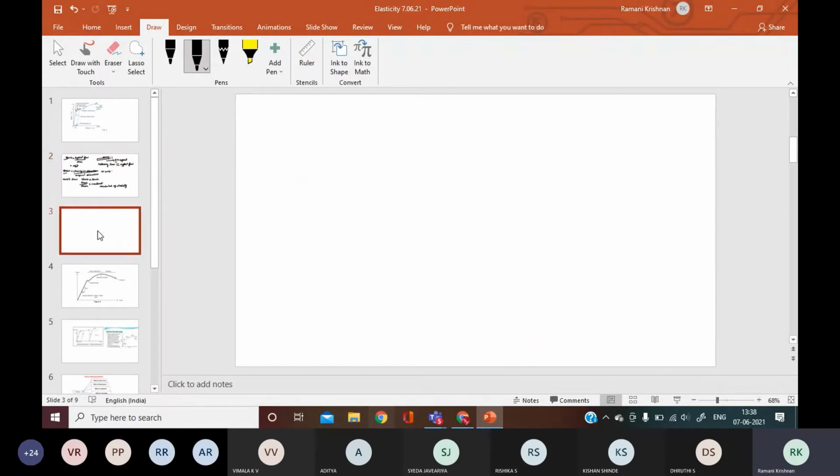If you want me to enlarge, I'll enlarge that. So first one, Young's modulus. Normally the symbol used is capital Y. Now I have taken a wire.